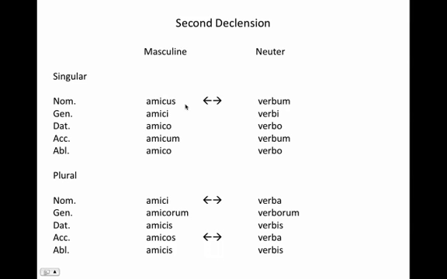Note that a nominative masculine word will end in us, a nominative neuter word in um. And then the other two differences are down in the plural. The nominative and accusative are different. In the masculine you have an I ending in the nominative plural, in the neuter an A. In the accusative, in the masculine you have an OS ending, and in the neuter you have that A again.